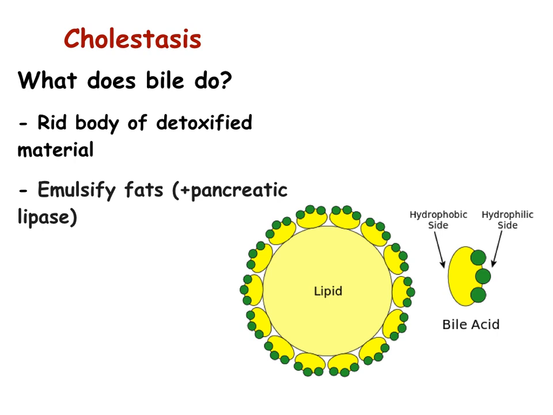So what does this bile do? It rids our bodies of the detoxified material, of the covalent bound chemicals and toxins, just to maintain our composition and concentration, and it emulsifies fat. What is emulsification of fat?